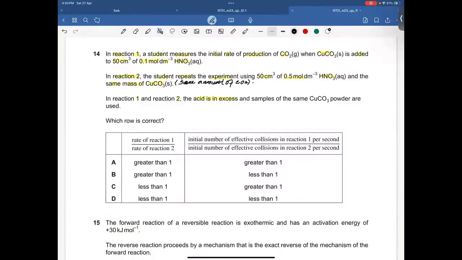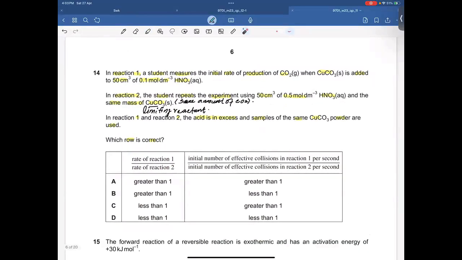That means copper carbonate has to be the limiting reactant. And samples of the same copper carbonate are used. Which row is correct? The examiner is looking for the rate of reaction. And rate of reaction depends on concentration.